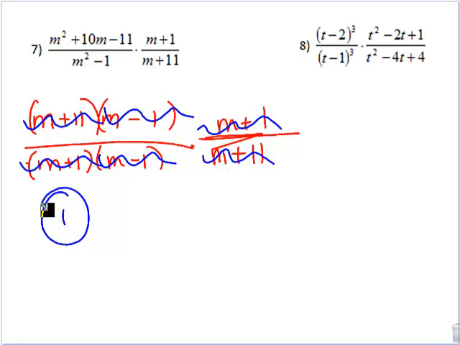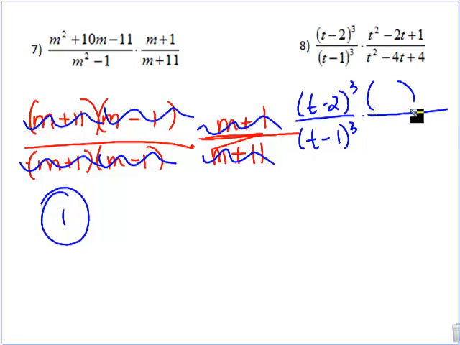T squared minus 2t plus 1, how could that factor? Let's see, we got this cubed, we got this cubed. T squared minus 2t plus 1. Yeah, t minus 1 times t minus 1.